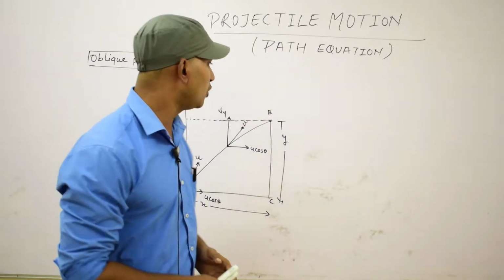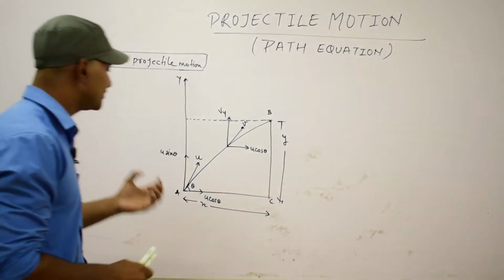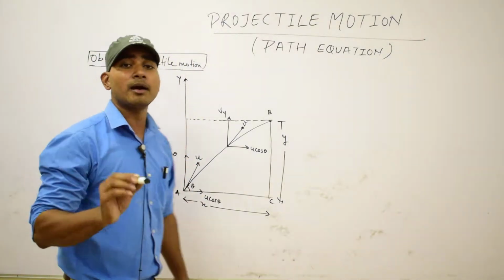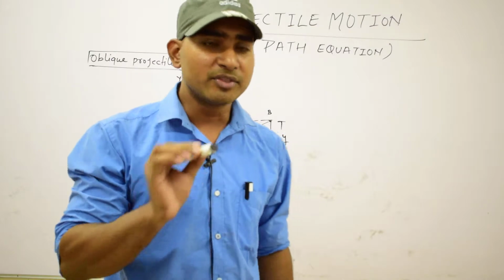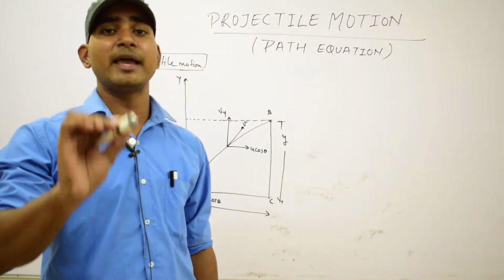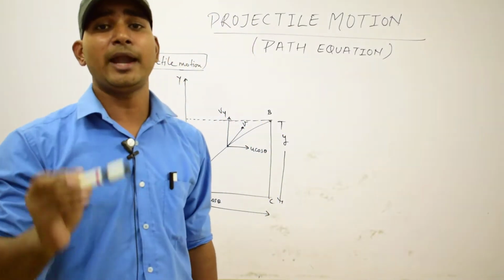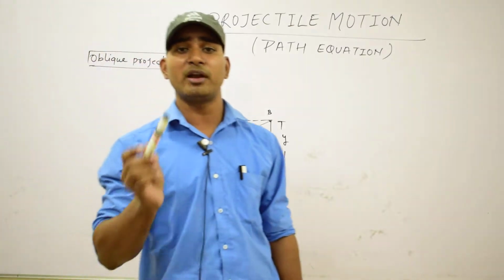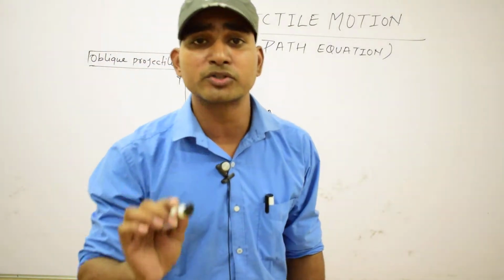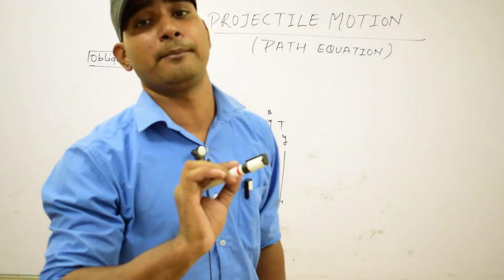From the very basic law, we know that for projectile motion the vertical component of the velocity, Vy, changes at every instant, but the horizontal component remains the same.